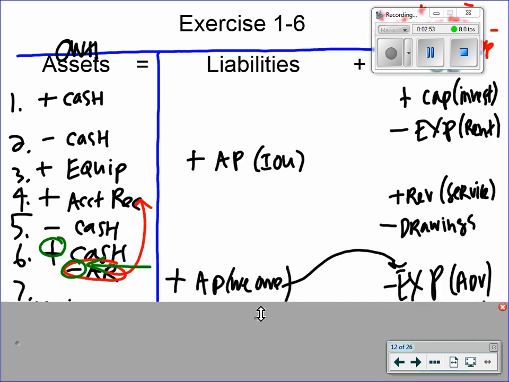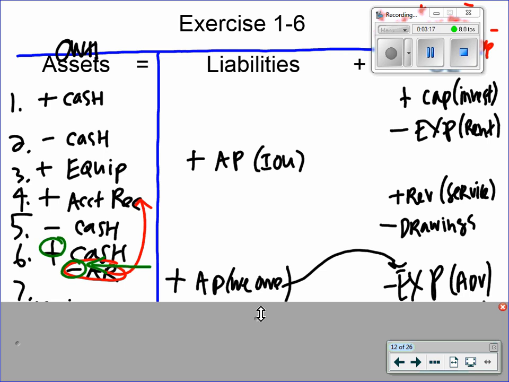Number 7, without me looking at the book, it looks like we bought some advertising. Is that true? Okay, so you see overall worth go down because an expense happened. Did we pay cash for that though? No, we charged it, which is an AP that we owe, hence the liability.